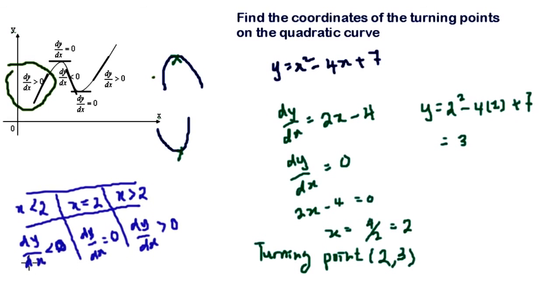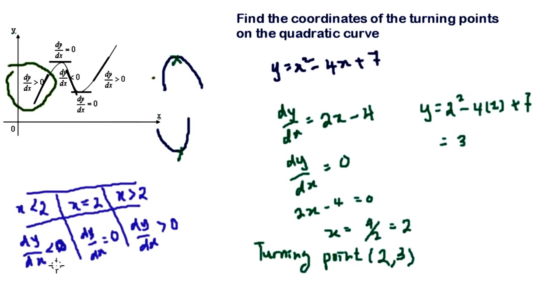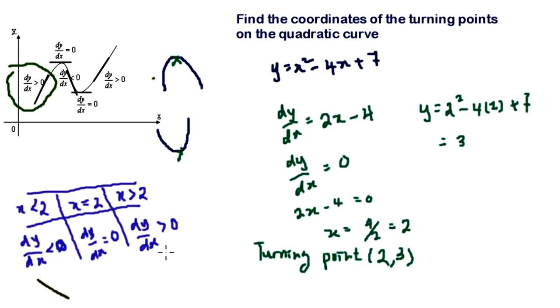As you can see from this diagram, from these definitions of the gradient, a negative gradient where dy over dx is less than 0 will give you a curve like this. If dy over dx is larger than 0, you have a curve like this. And when dy over dx is equal to 0, it is a straight line.